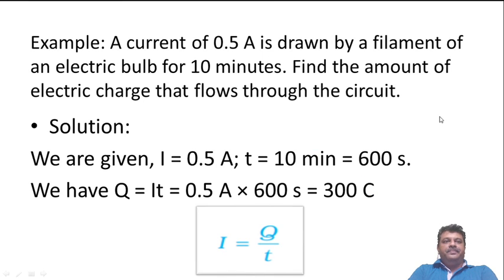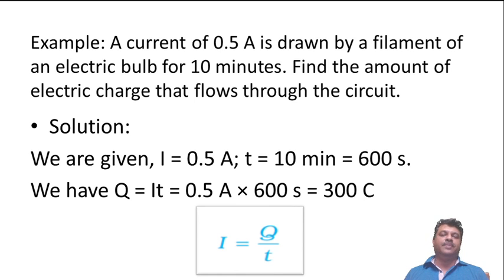Now an example problem. A current of 0.5 amps is drawn by a filament of an electric bulb for 10 minutes. Find the amount of electric charge that flows through the circuit. So very simple. We have learned only one equation: I = Q/t. So Q is current times time.